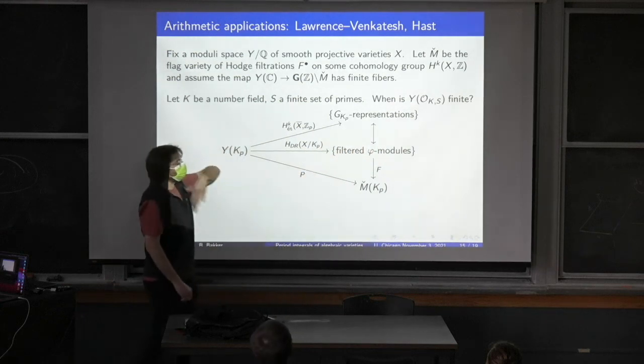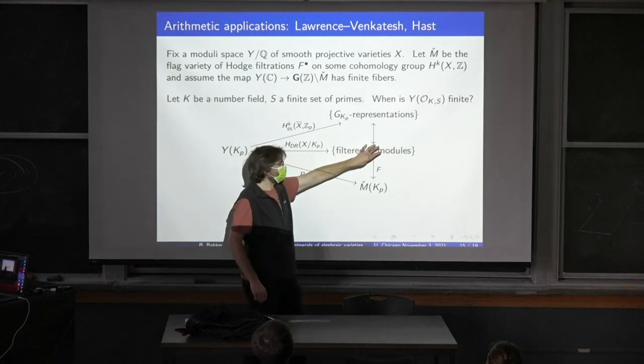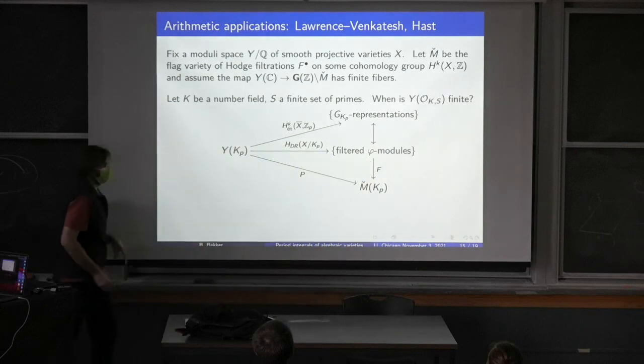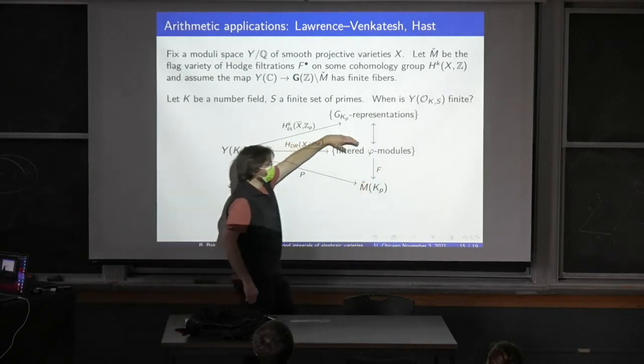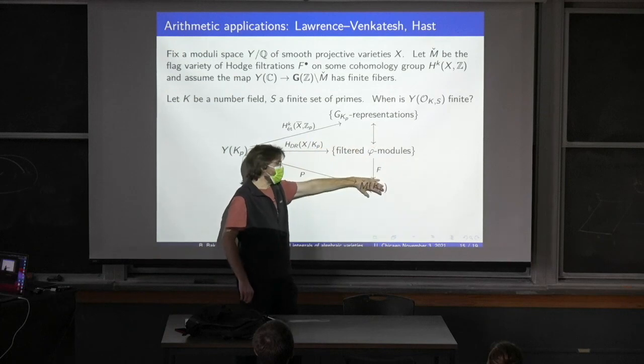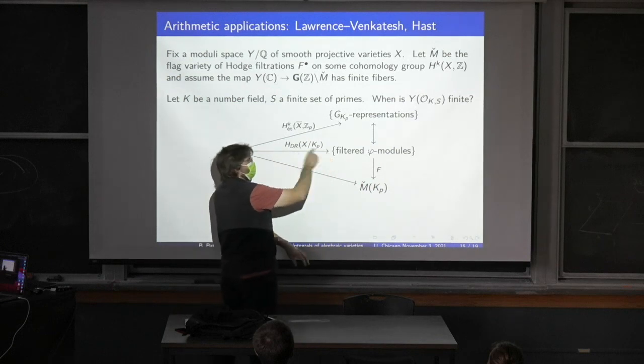Now over C, the notion of isomorphism is pretty rigid because we have to preserve the Z-lattice. But here, there can in fact be continuous families of automorphisms of a filtered phi-module. So a locus of filtered phi-modules that are isomorphic can easily project down to a positive dimensional thing down here. So having finite fibers here will not necessarily mean you have finite fibers here.